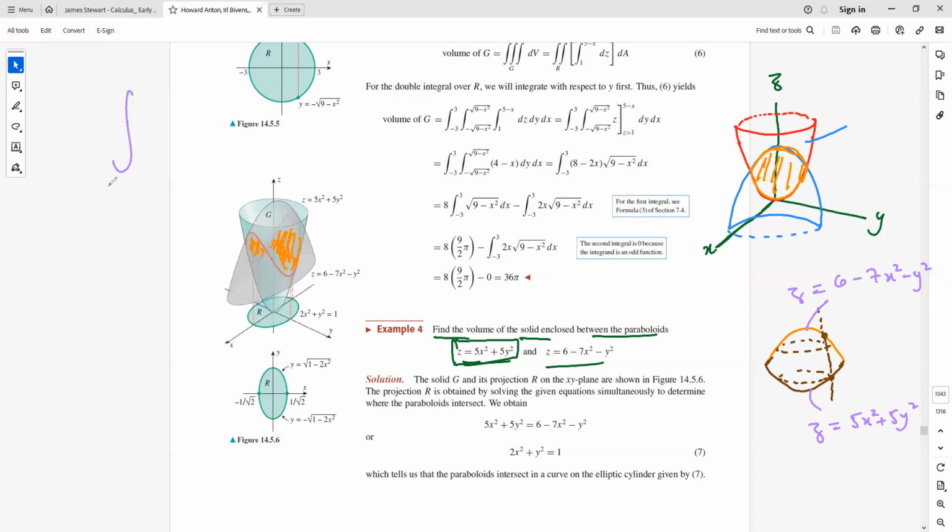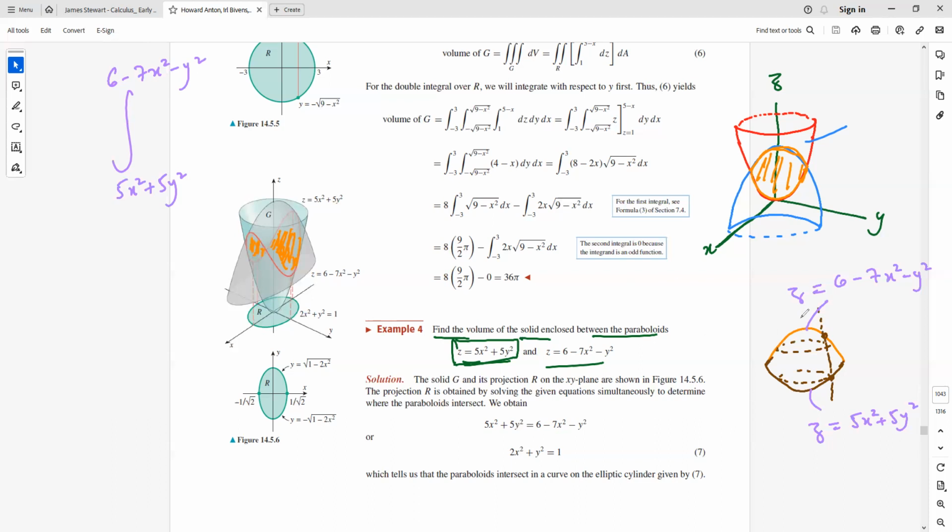So the limits are going to be from 5x squared plus 5y squared to 6 minus 7x squared minus y squared. These are the limits for the z-axis.